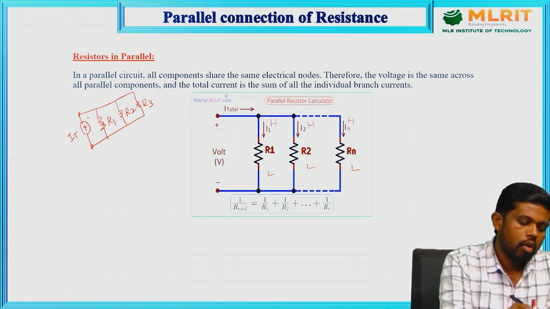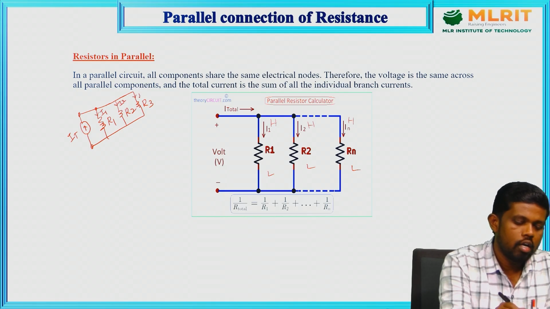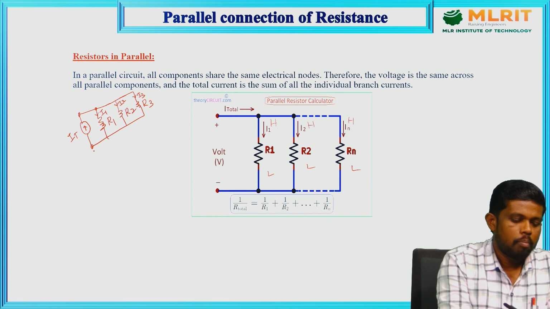The current given by the source is I total, and this is the node point. The current through the first resistor is I1, the second is I2 and the third is I3.